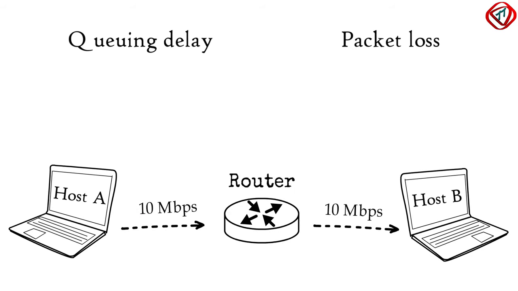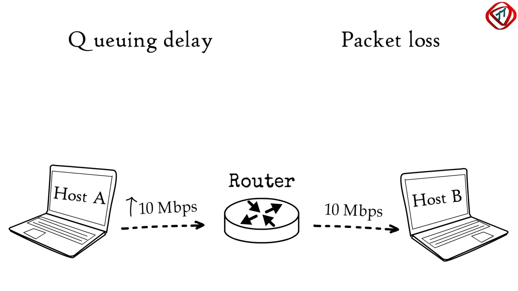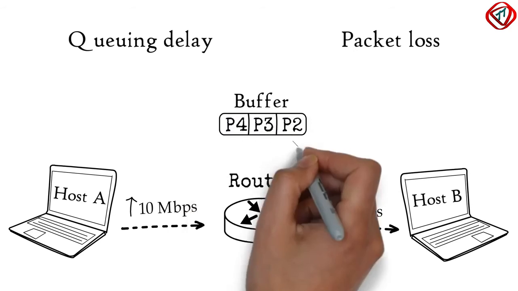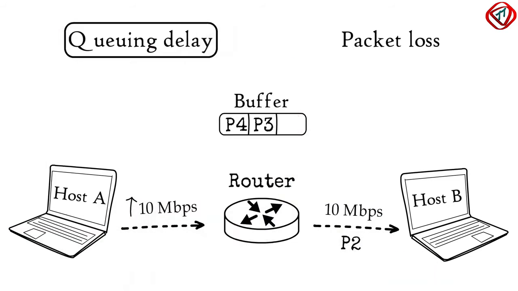In case host A's transmission rate exceeds 10 Mbps for a moment, the incoming packets have to wait in the buffer present in the router and form a queue. The time that the incoming packet waits in the queue before transmission is called queuing delay.